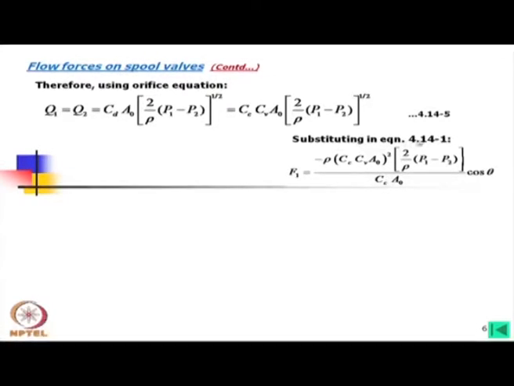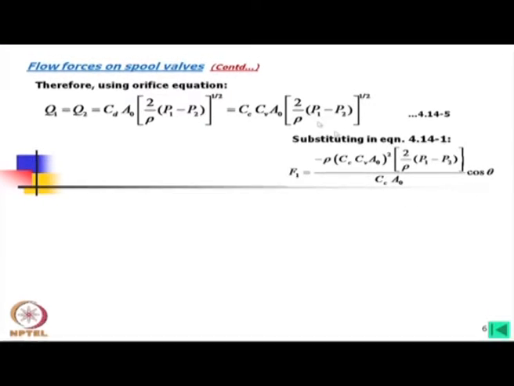Now, this we substitute in equation 4.14, the first equation which we considered for the Fj. Then from there we can calculate that F1 is equal to Cc Cv A0 whole square into 2 by rho, P1 minus P2, divided by Cc A0 minus rho.